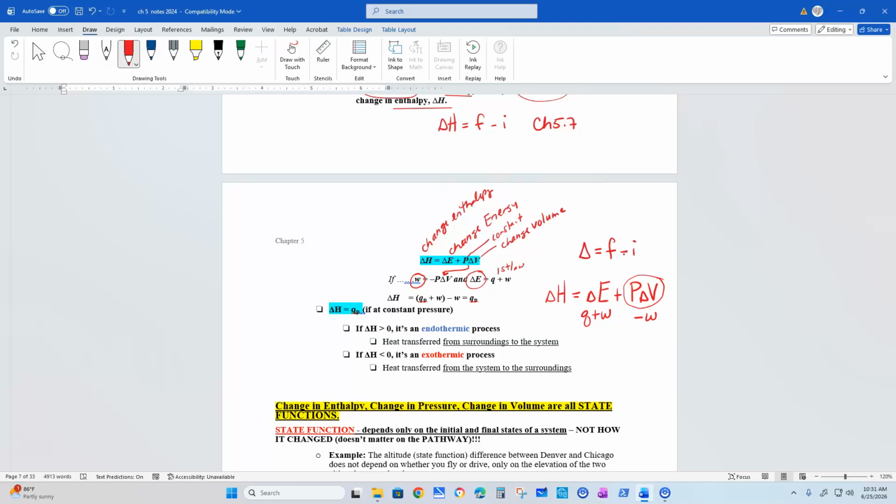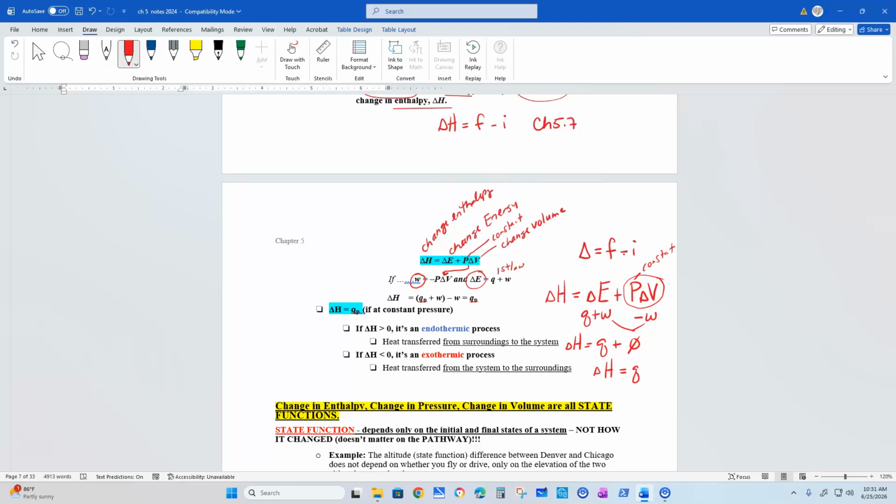So if I plug the first law, Q plus W, in, notice what happens. W is the same value. You have W minus W, and W minus W just becomes 0. So Q plus 0 equals delta H. The only way that delta H equals Q is as long as you have constant pressure.